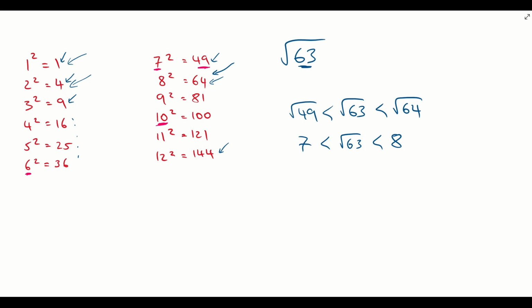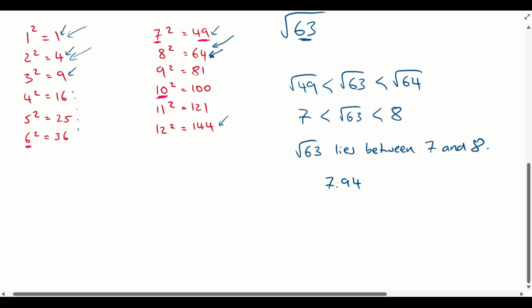So therefore, the square root of 63 lies between 7 and 8. And because it's so close to the square root of 64, it's probably going to lie pretty close to the number 8. As a matter of fact, if you put it into your calculator, you get 7.94. So pretty close to that number 8.